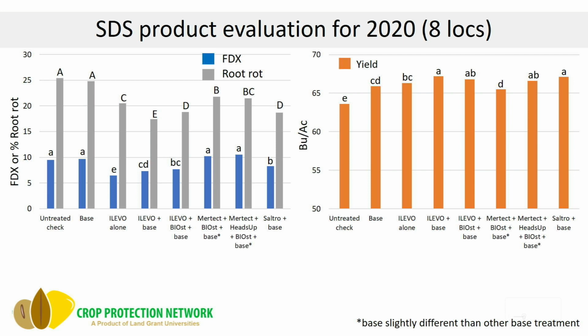But there are, again, some differences in there. And I'll leave that there for a little bit. If you go back to that first graph, the FDX, you can see that the FDX across all 8 locations on average was a little bit less than 10. Just on the last slide, it's half of what we saw in 2019. So again, in general, even though we were inoculating and irrigating and trying to get disease, this was not a great year for SDS.